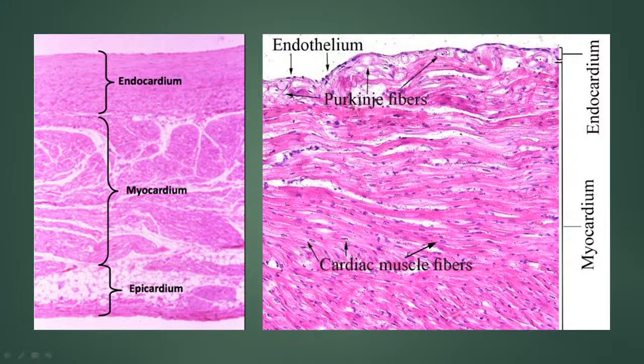And you can see Purkinje fibers between endocardium and myocardium. And myocardium is very thick and consists of cardiac muscle cells.